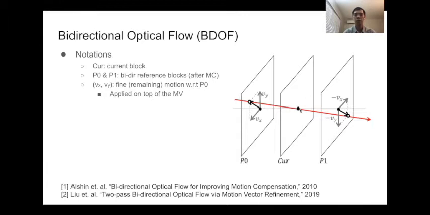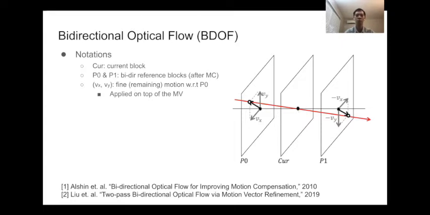So in the motion compensation, the motion vector would characterize the motion for the whole block. However, it may not exactly characterize the motion for each pixel. Say if we consider one pixel in the current block, there may be some remaining motions we would like to apply on top of the original motion vector.